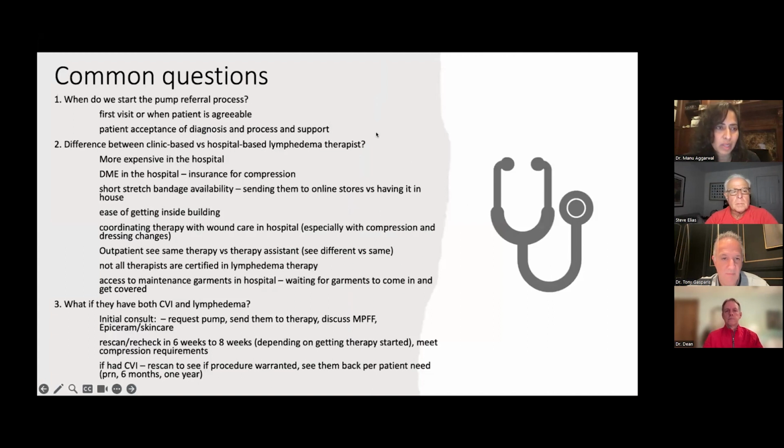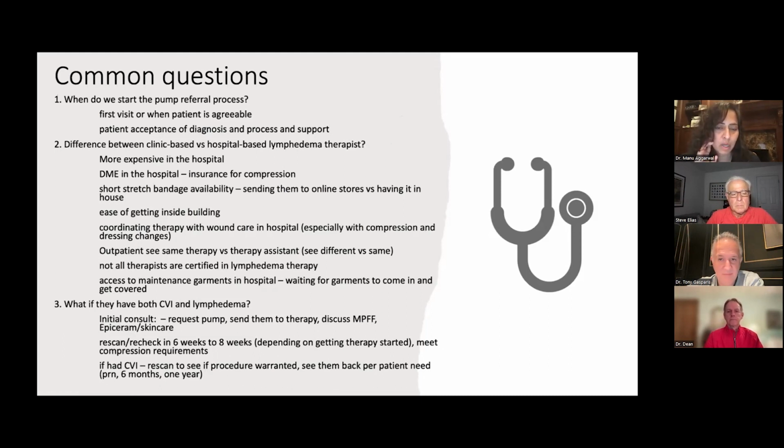So we've already answered a lot of these with Steve asking some of these questions. I think the biggest thing we like to tout is having clinic-based versus hospital-based lymphedema. We find a lot of our patients are really happy that they're not having to go in and find an elevator, and they're already having mobility issues. We carry short stretch bandages in our practice, as well as compression garments, so they can get them right then and there without going through DME.